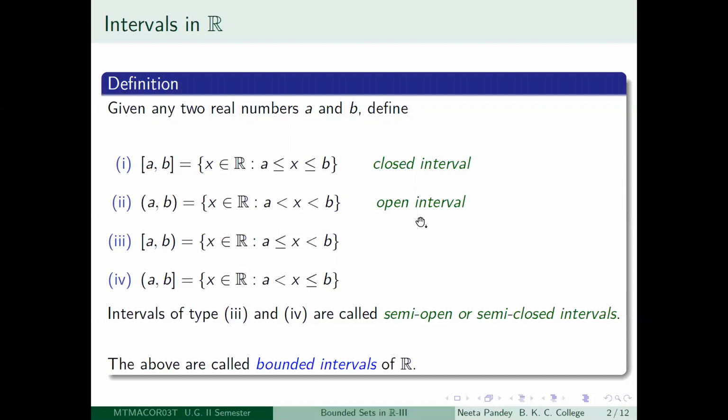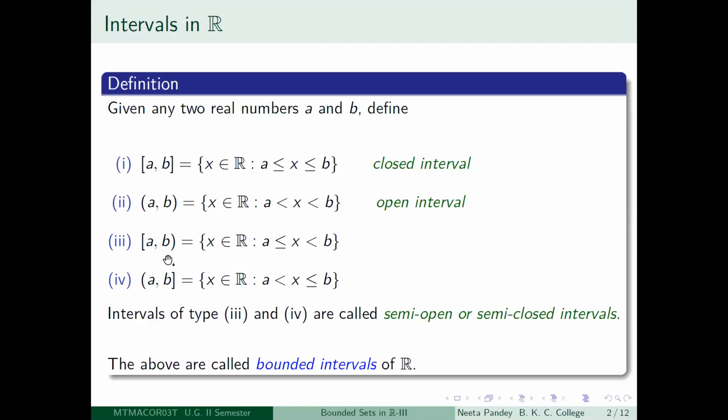This is called an open interval. A and b are called the end points of the interval. If we leave out the end point, we describe that by taking a first bracket, and if we include the end point, that is depicted by taking the third bracket.